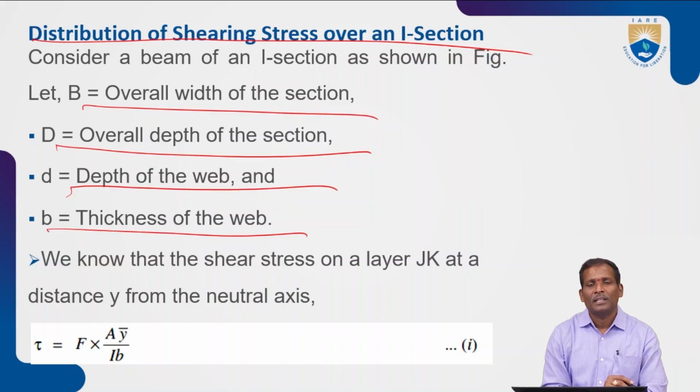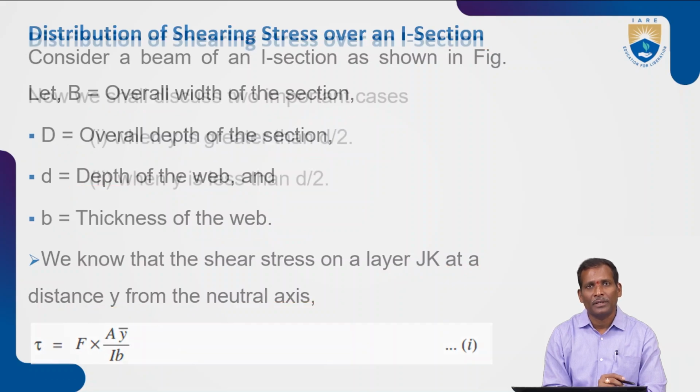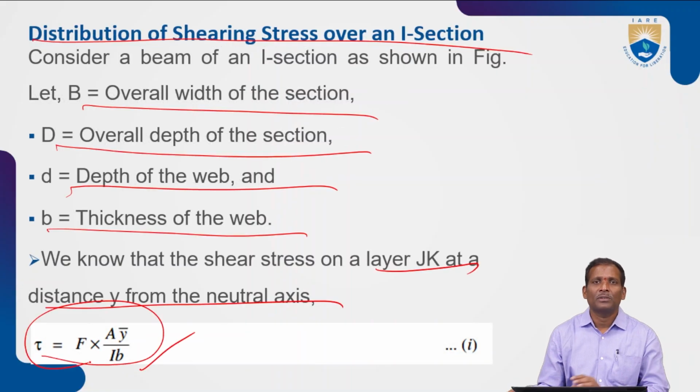You know that the shear stress on a layer jk at a distance y from the neutral axis is tau equal to F into A y bar by I into b. Already we have derived this in the theory part.